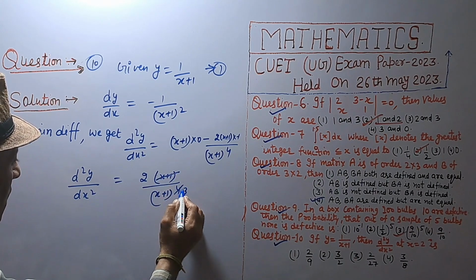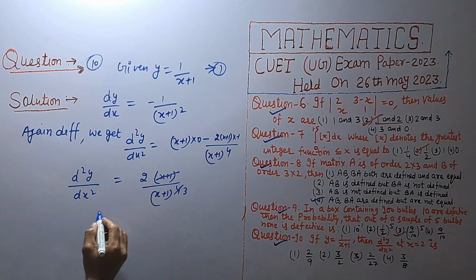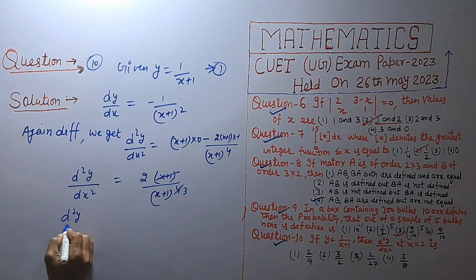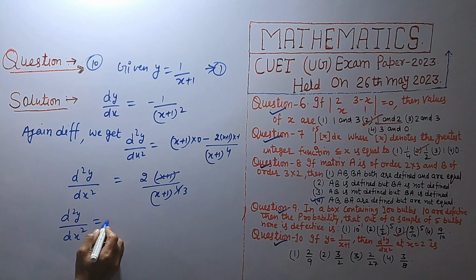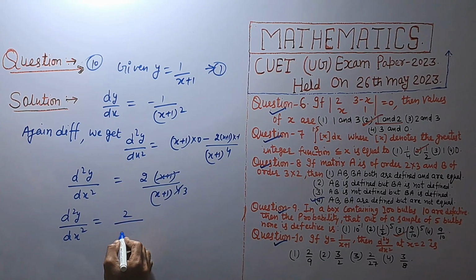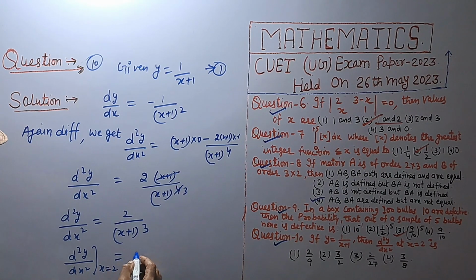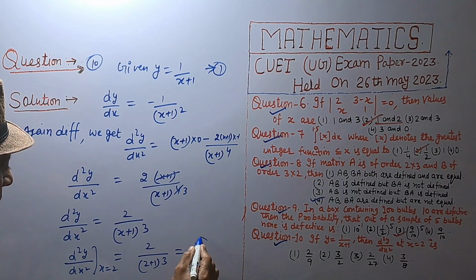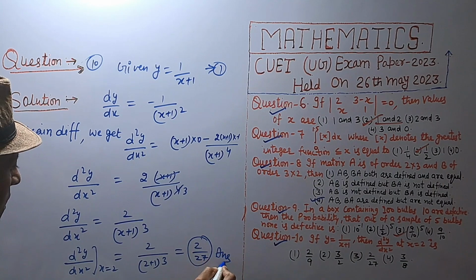One power is cancelled, and we get d square y upon dx square equal to 2 upon x plus 1 raised to power 3. Double derivative at x is equal to 2, that is 2 upon 2 plus 1 raised to power 3, is equal to 2 upon 3 3s are 9, 3 9s are 27. Answer.